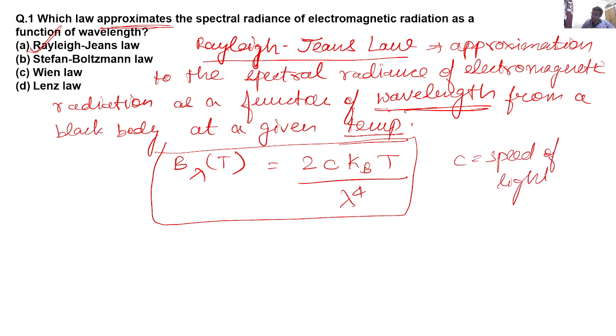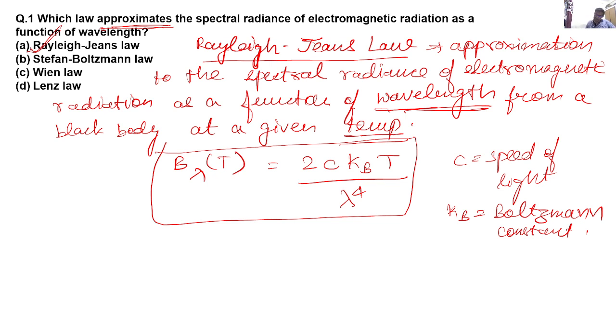We have used it umpteen times already. kB is the Boltzmann constant, which is a fundamental constant. And T is the absolute temperature in kelvins. We never use Celsius while putting into equations in this part of the course.